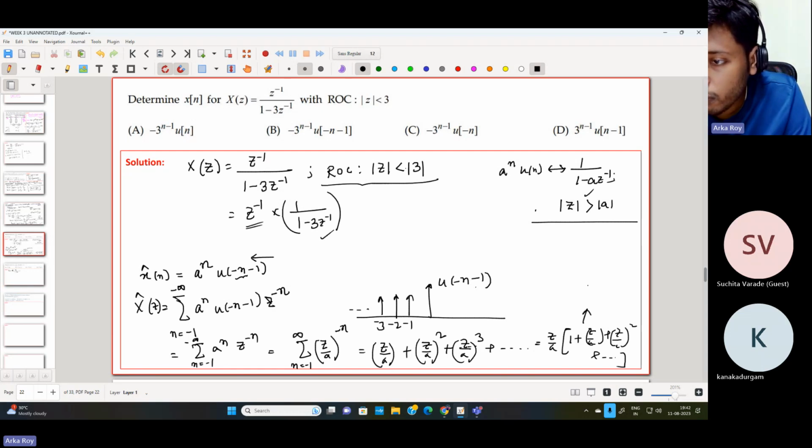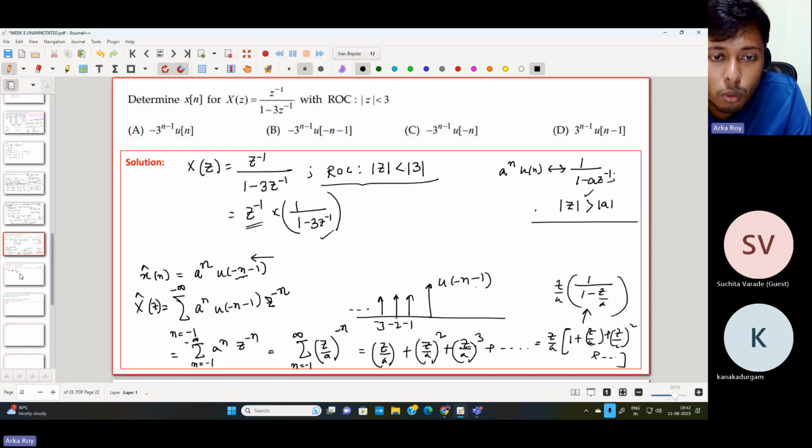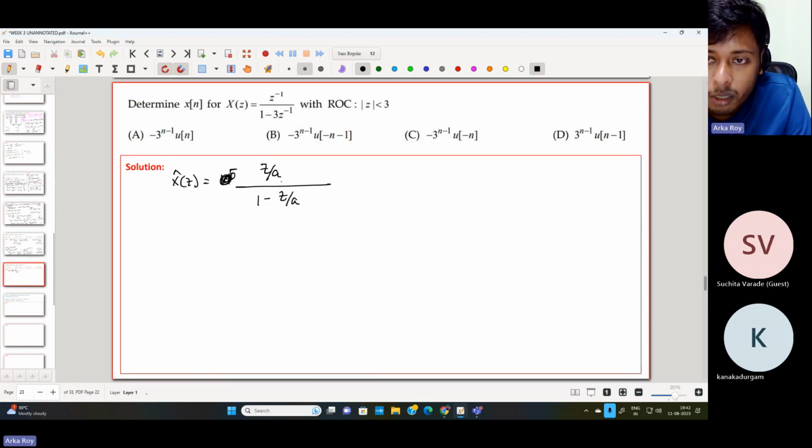So this will be 1 divided by 1 minus z by a, multiplied with z by a. Here I have taken the whole z by a in the numerator. If I reduce this, it will be 1 divided by a z inverse minus 1.